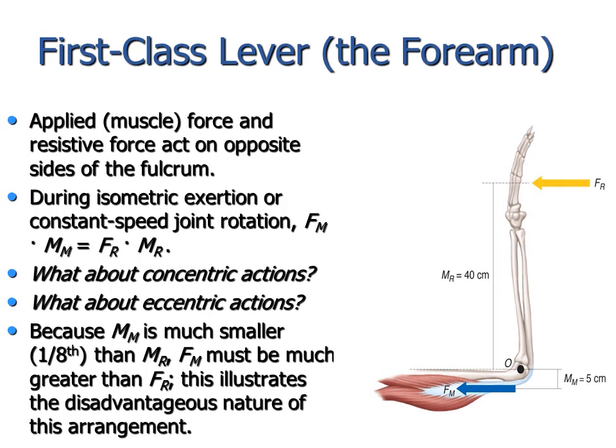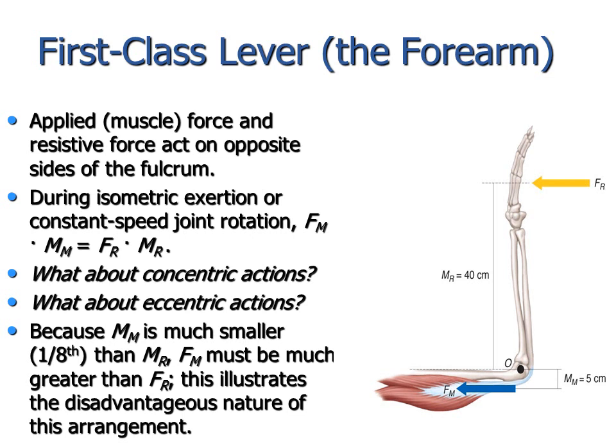So how can we use this information? Well, many times with manual muscle testing, what we do is we pit our strength against the strength of the examinee in what we call an isometric muscle contraction. Now, with an isometric muscle contraction, there is no movement of the limb or segment.